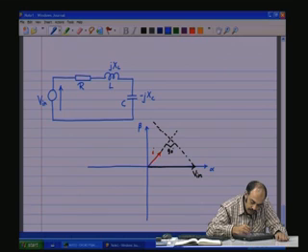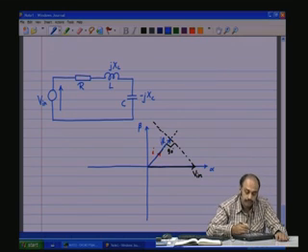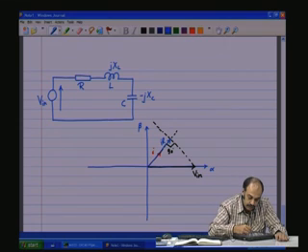So, I into R, let us say, is this vector I into R. Now, along this, rotating by j would be jXL, and along this, rotating by minus j would be jXC, because minus j rotates it by minus 90 degrees, and jXL rotates it by plus 90 degrees.